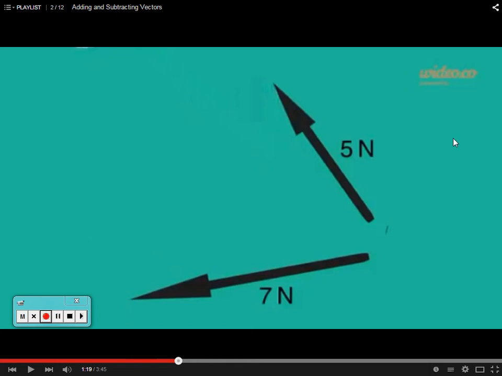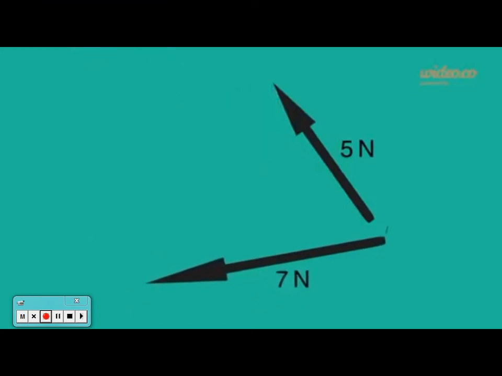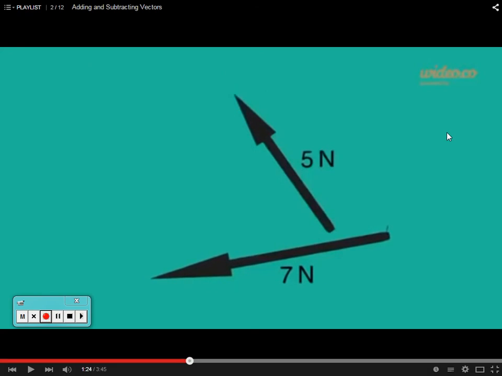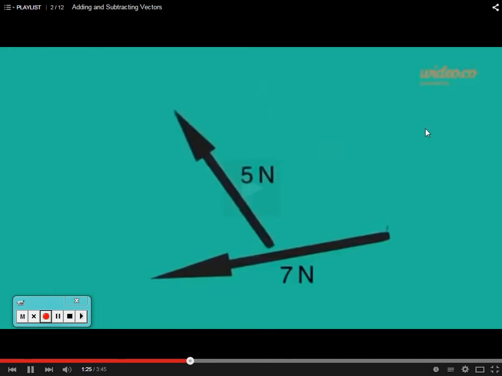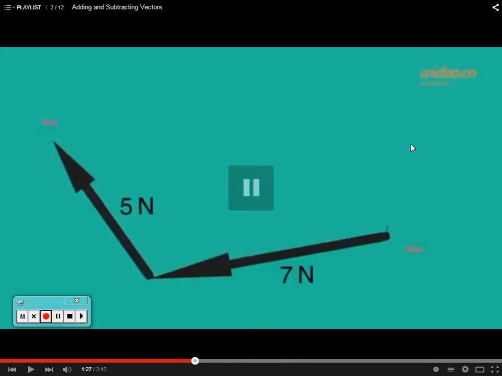So it's quite a simple thing to do. We firstly decide which of these vectors is going to be our original vector. Okay? So you just choose one. We don't care. Let's just choose the 7 Newton. Now I'm going to move the 5 Newton vector to its end.